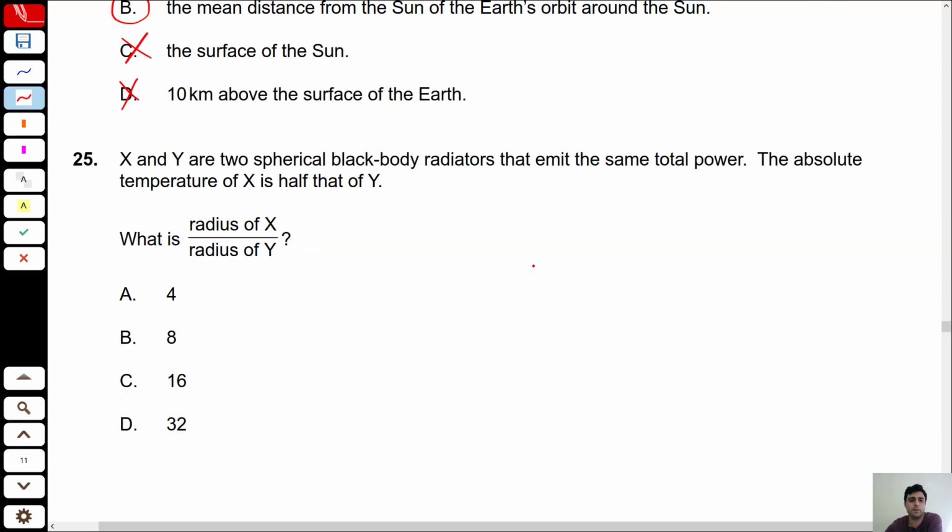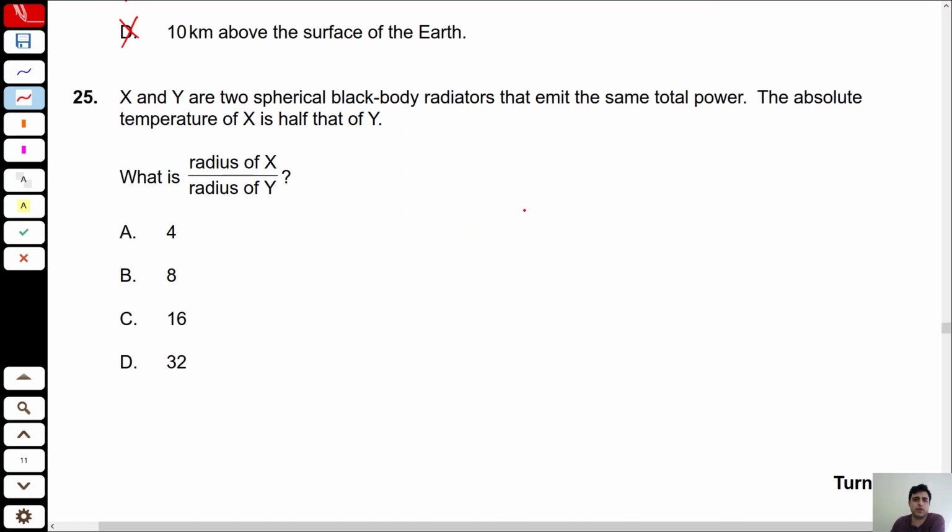Okay. So number 25. X and Y are two spherical black body radiators that emit the same total power. So the total power radiated is the same. The absolute temperature of X is half of Y. So the power radiated by X is the same as power radiated by Y. And it's a black body radiator, so the emissivity has to be equal to 1.